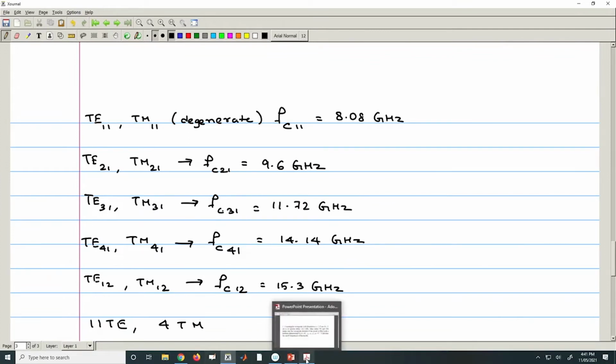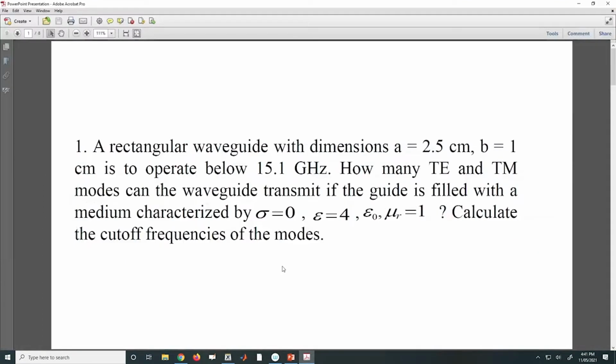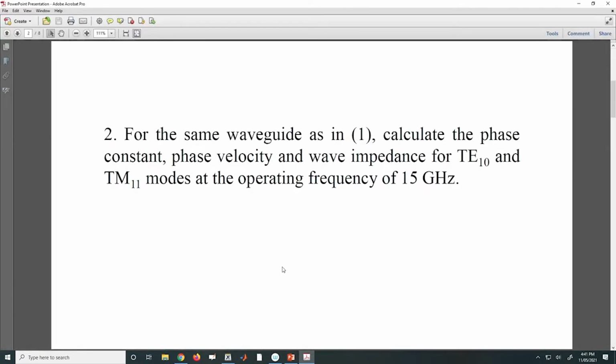So, the next problem. For the same waveguide as in question 1, we need to calculate the phase constant, phase velocity and wave impedance for TE10 and TM11 modes at the operating frequency of 15 gigahertz.